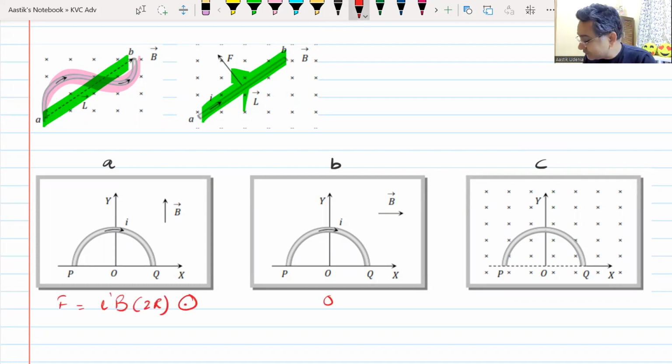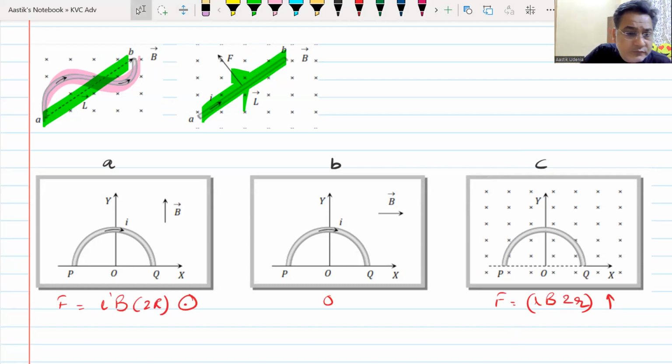Third case, it is I B 2R and it is upward. Do we understand this? Yes or no? Yes.